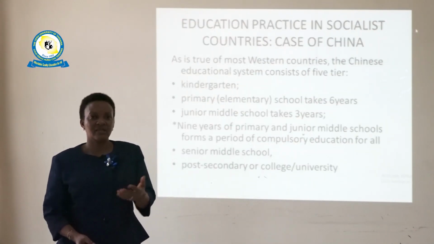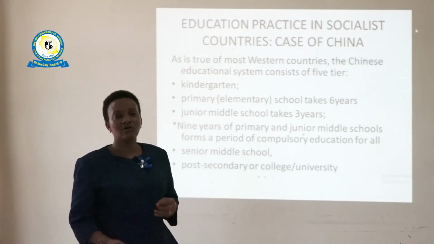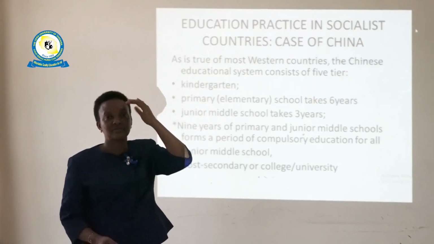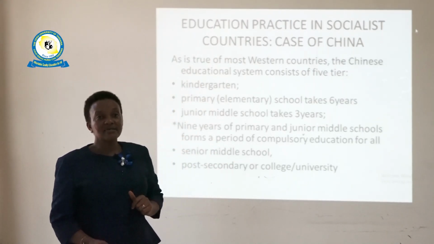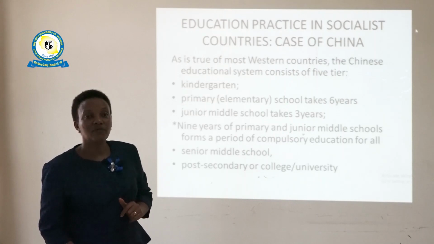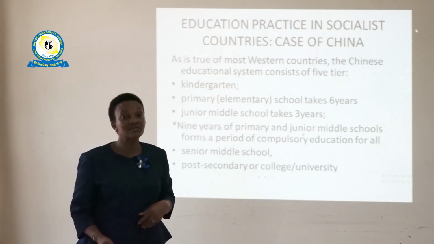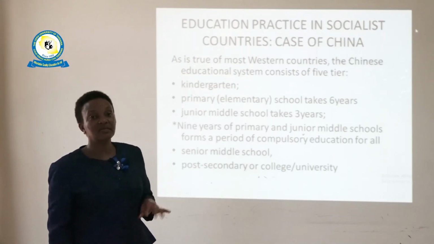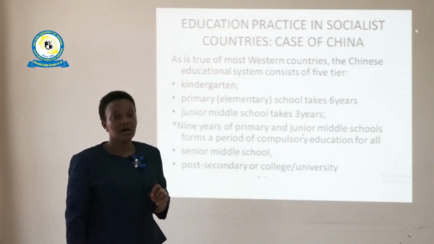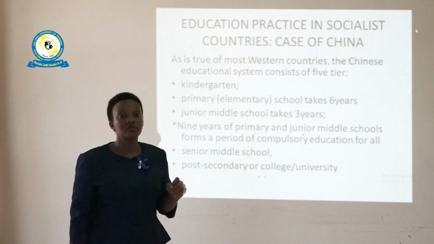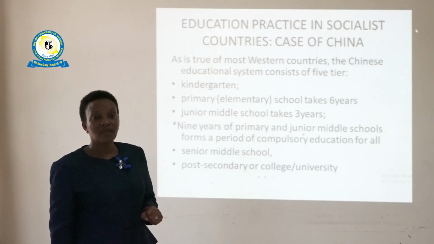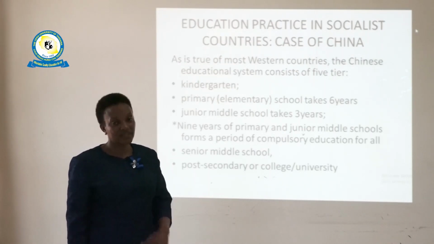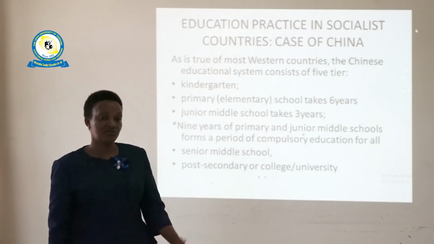Let's go quickly onto the education system of China as one of the socialist countries. As it is true of most Western countries, the Chinese education system consists of 5 tiers. There is the kindergarten, the primary school, junior middle school, the senior middle school, and post-secondary or college or university education.